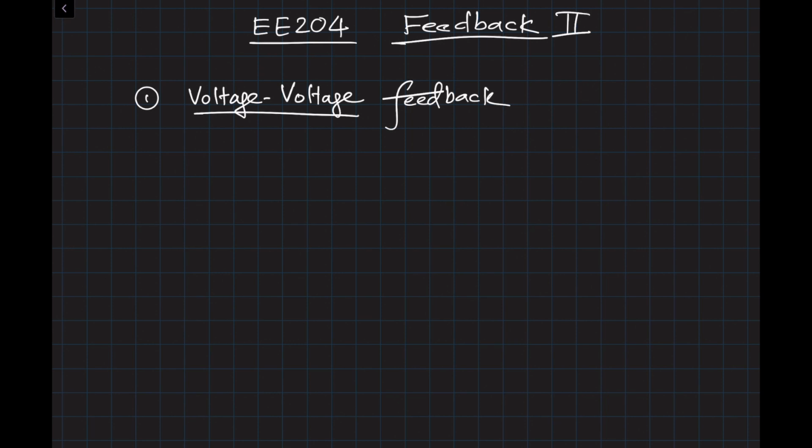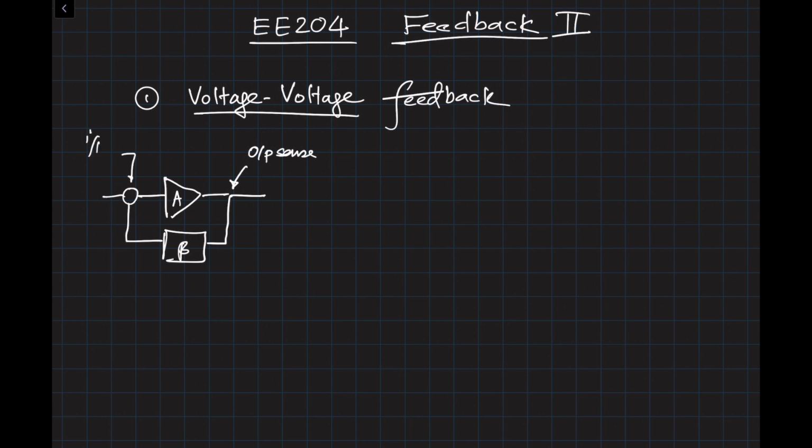The key part of this nomenclature comes from the feedback. This is our feedforward gain A, and then we have the feedback gain beta. So this is our output sense, and this is our input return. The different configurations are based on whether the output current or voltage is sensed, and whether the feedback voltage or current is returned at the input.